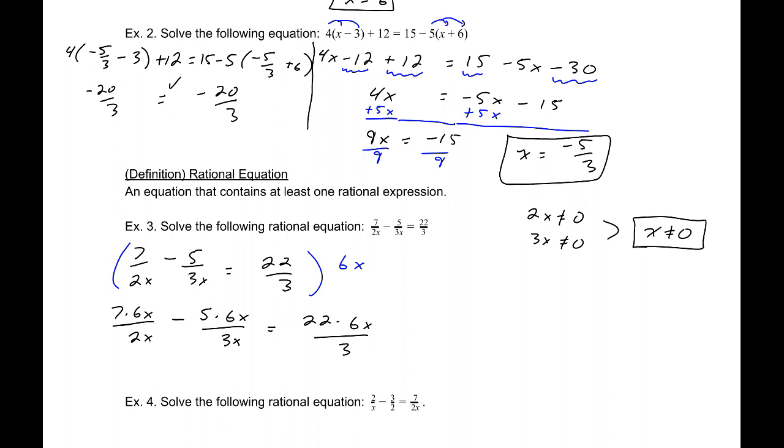I'm writing out every step I possibly can. Now everything's going to reduce, and that is actually the point of doing this. The first term is going to be 21, the x's become 1, and we get minus 10 equals 44x. Now that will be 11 equals 44x, and dividing by 44, we get 1/4 equals x.